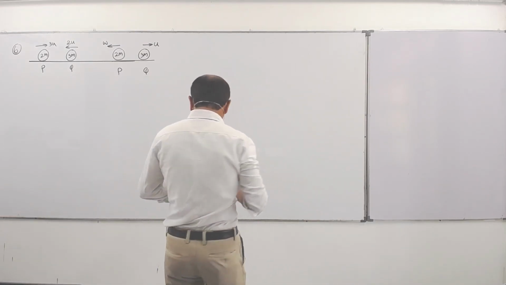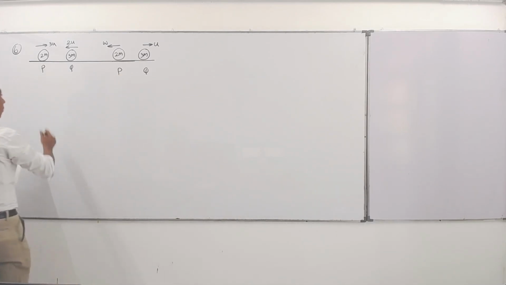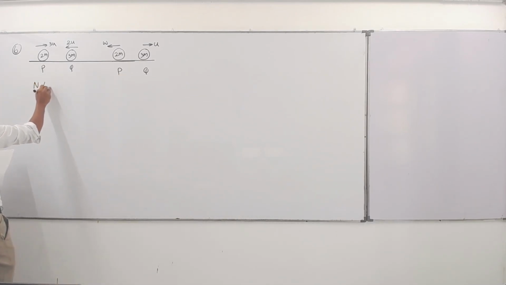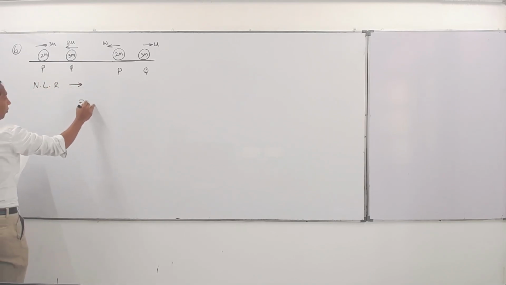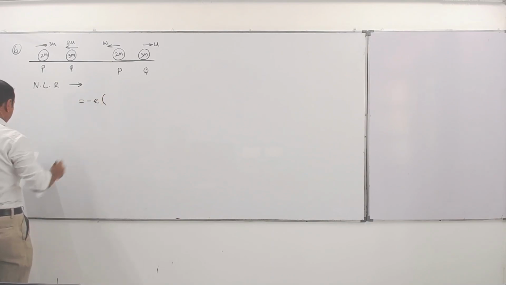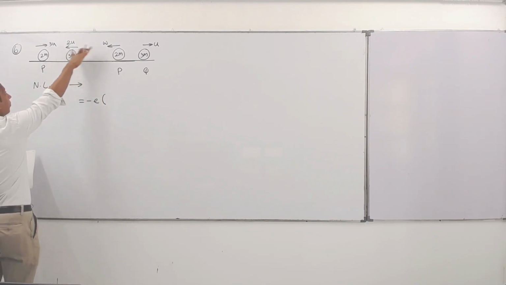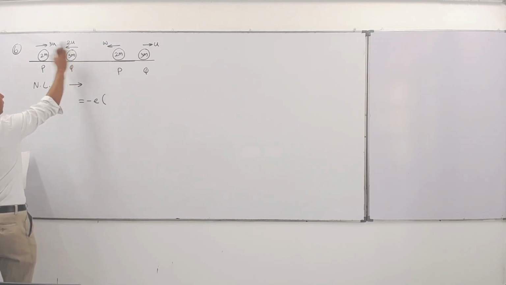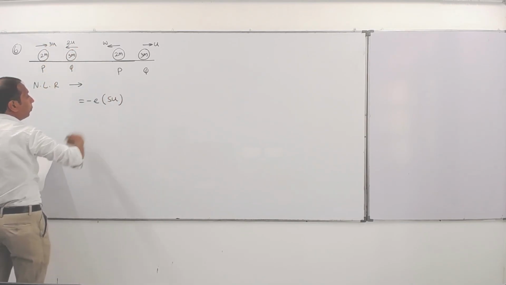Right. Asking to write Newton's law of restitution. Alright. So now we apply Newton's law of restitution in this direction. It says minus e times the relative velocity before impact. We stop this Q. Same u onto this. Then this will be at rest. This will get to the right 3u and 2u, then 5u.